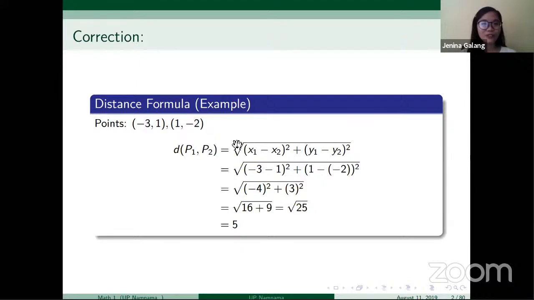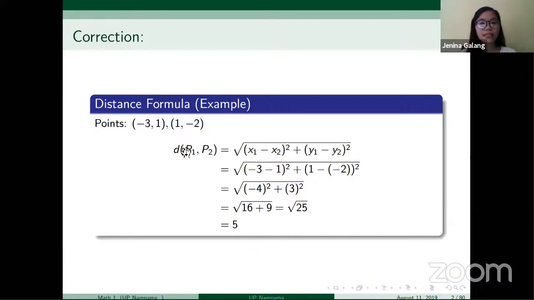So the distance between 2 points is equal to the square root of the difference of x values squared plus the difference of y values squared. So here we have -3 minus 1 squared plus 1 minus -2 squared. So we will have the square root of -4 squared plus 3 squared, which is the square root of 16 plus 9. We have the square root of 25, which is 5.